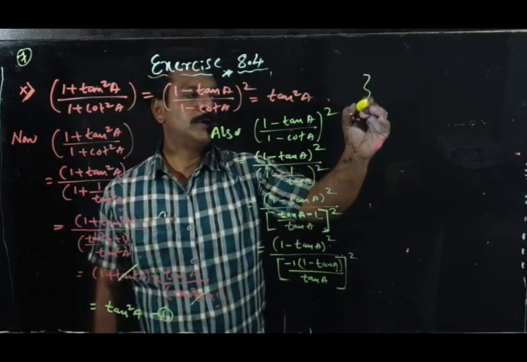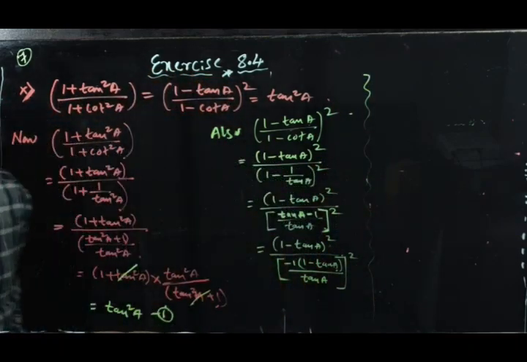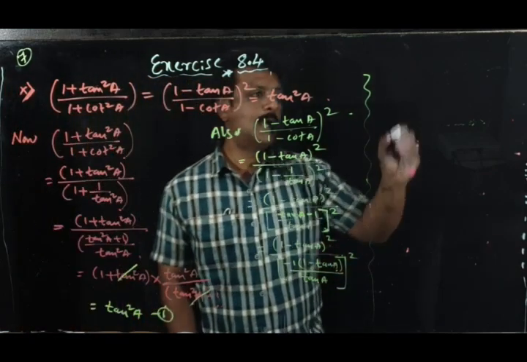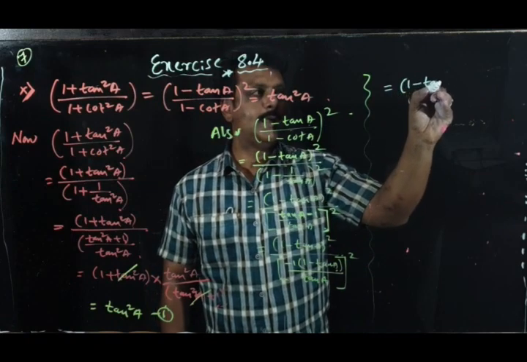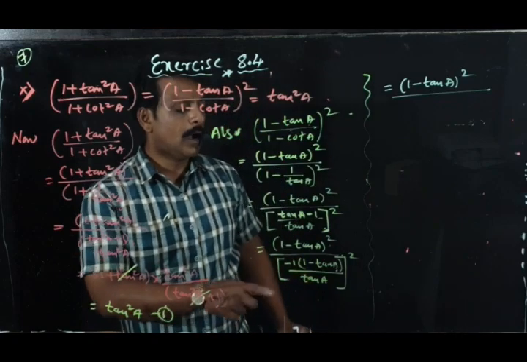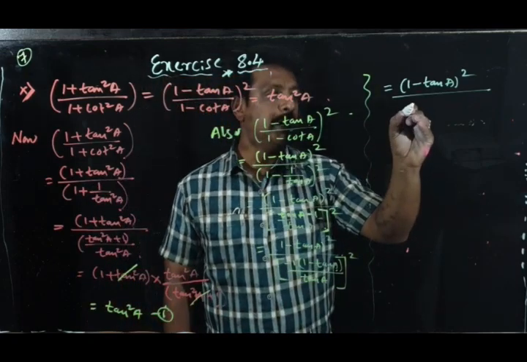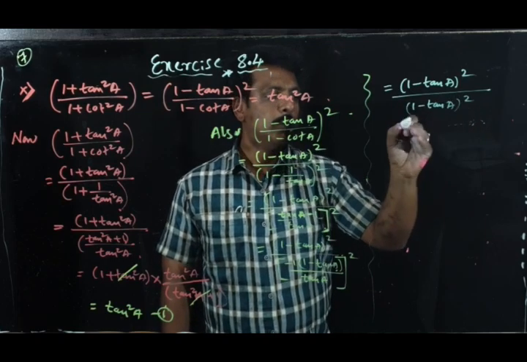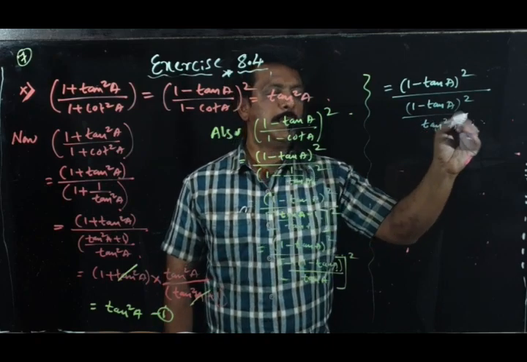I don't want to disturb the numerator; I am keeping it as it is. So this is equal to (1 minus tan A) bracket square, whole divided by, after squaring, minus 1 square becomes plus, then you will get (1 minus tan A) whole square, whole divided by tan square A.